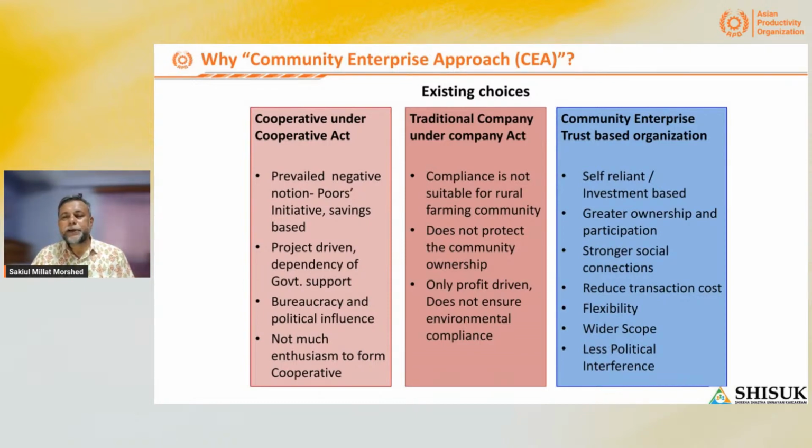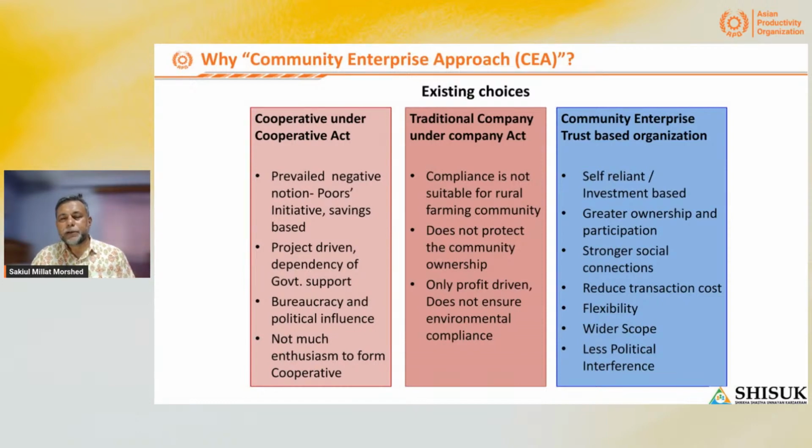There is greater ownership and participation because the enterprise is fully owned by the community, and the total community is involved in the process. And as the community manages their own ventures, a strong social connection is there.